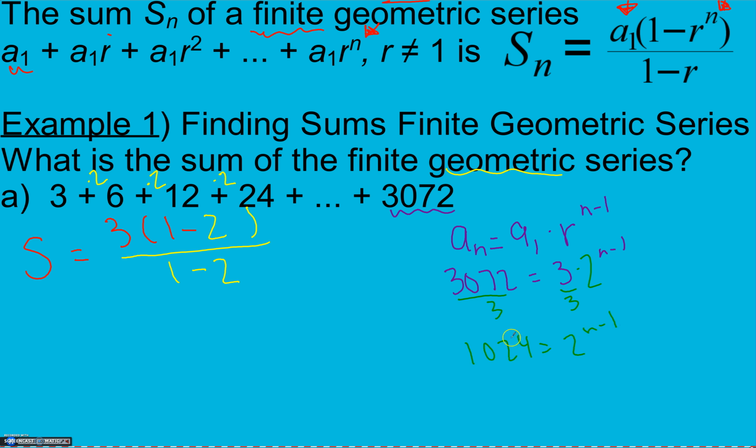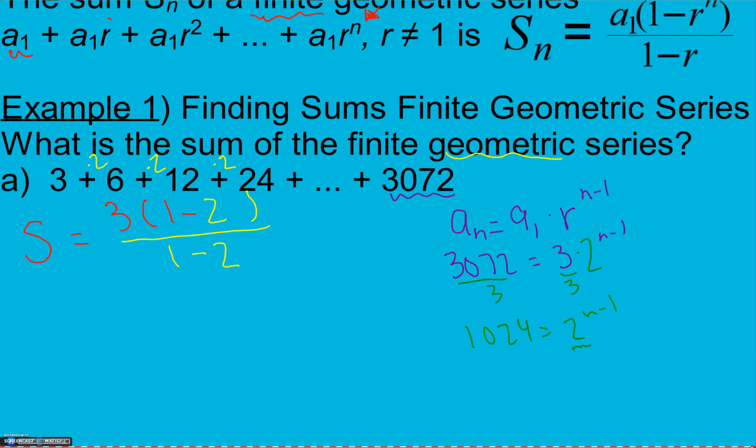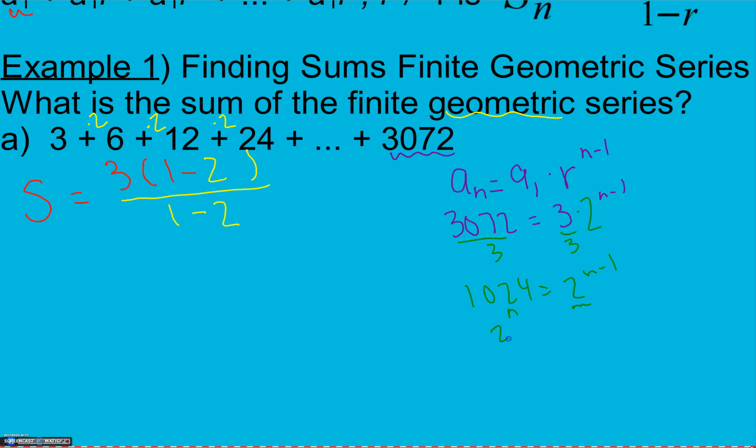Now we need to figure out what 1024 is in terms of base 2. So we're going to simplify here. 1024 is 2 times 512, which is 2 times 256, 2 times 128, 2 times 64, 8 times 8, which is 4 times 2, and 4 times 2, and 2 times 2, and 2 times 2.